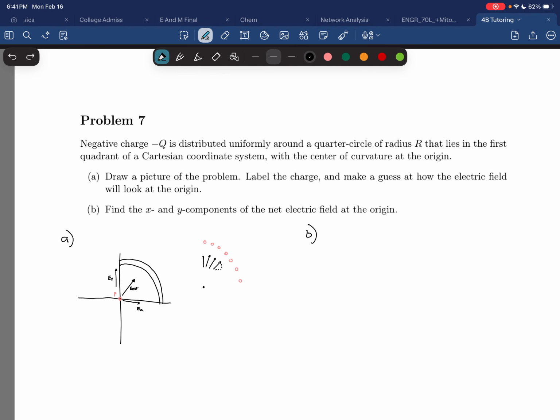But what we were really doing is taking each vector from the many charges and splitting them into components so that we can integrate them correctly. And if you don't do this, then you will just be adding magnitudes of each vector, not taking into account the direction. So let's see how that looks.